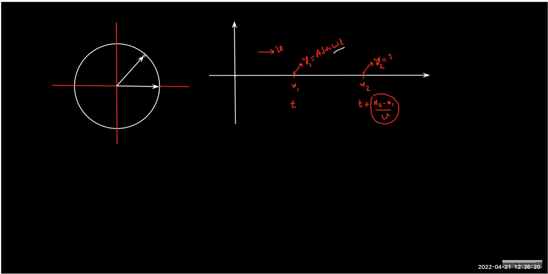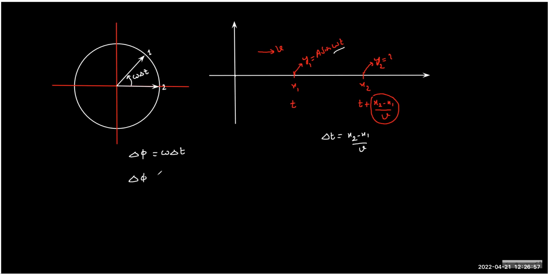That's the question. If I call the time gap delta t, the second particle will only start moving after delta t. By the time the second particle starts, the first will be here, and the angle between them will be omega delta t. So the phase difference as a time function we can write as omega delta t. It's the same thing.